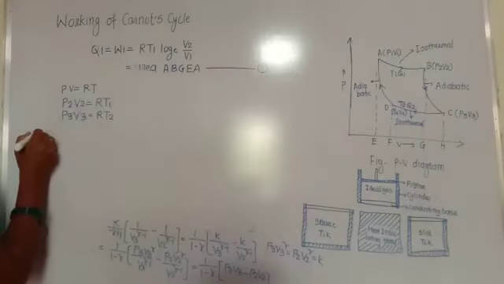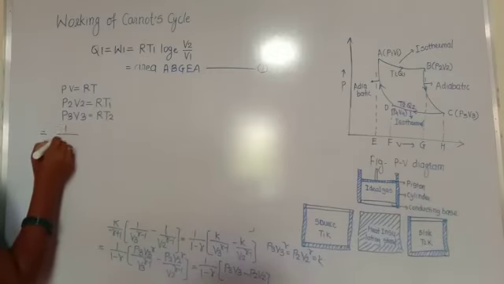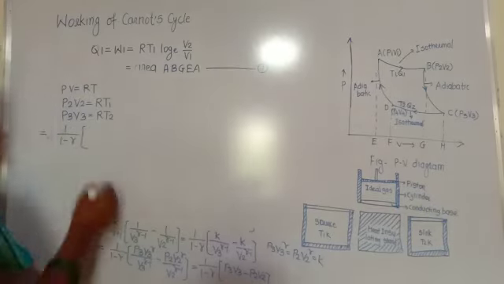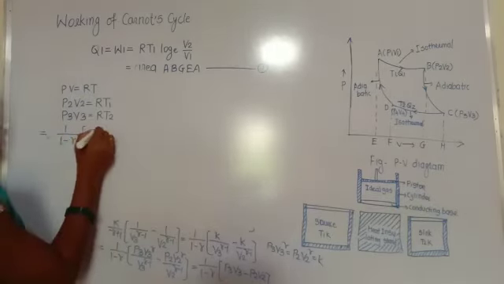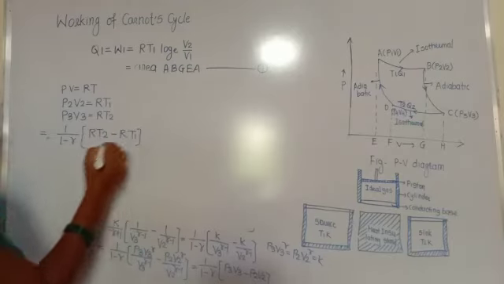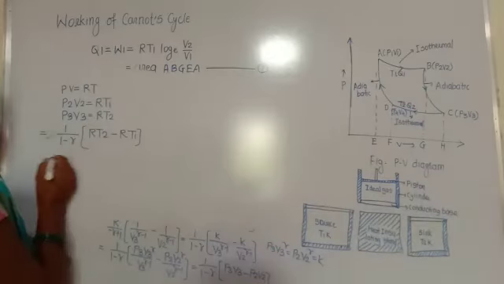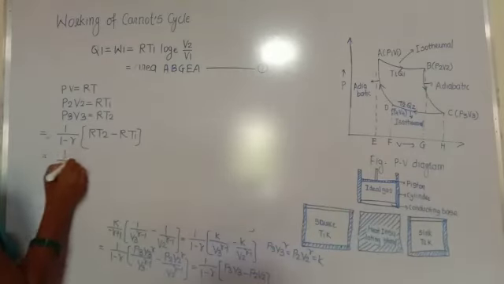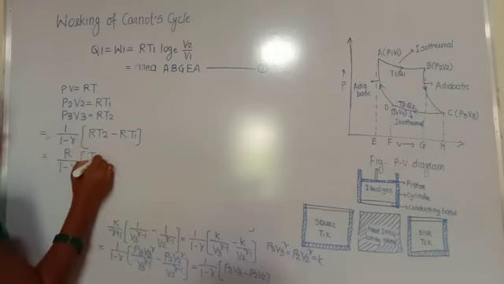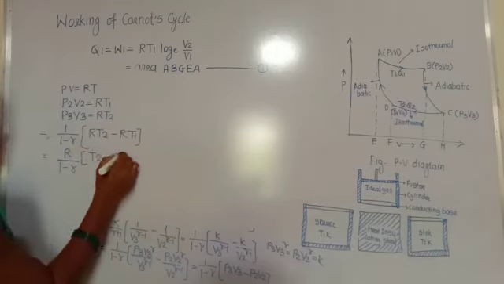So this equation becomes 1 divided by 1 minus gamma, and this P3 V3 minus P2 V2 is RT2 minus RT1, equals 1 by 1 minus gamma, we take R as common, R into T2 minus T1.